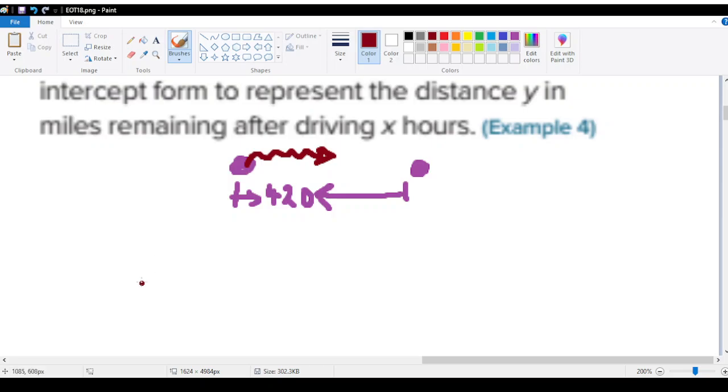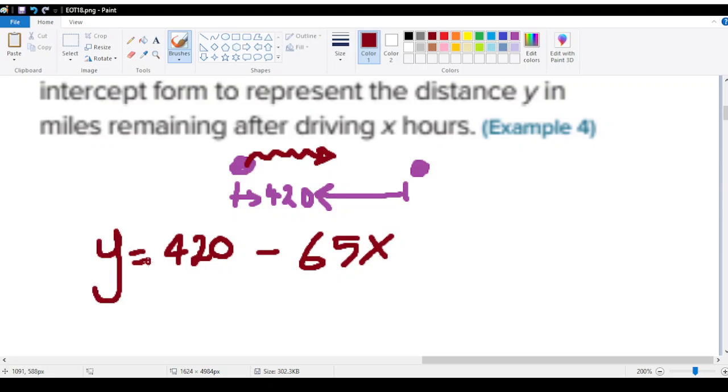So what was the total distance? The distance was 420, and then we will subtract 65x from it. So this is the rule. Do you understand why I wrote it like this?